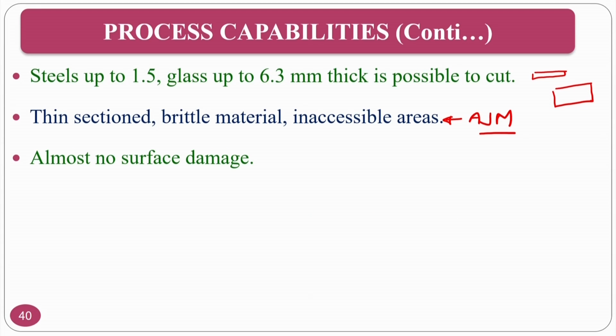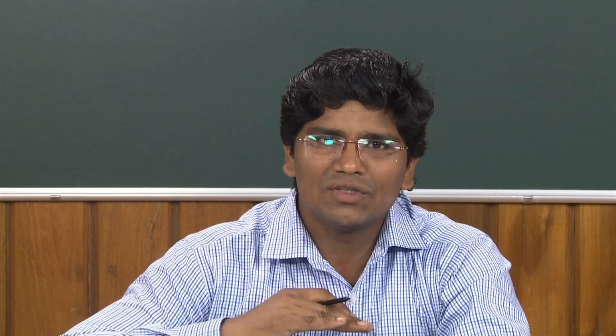Almost no surface damage, because there is a gap between abrasive particles. At the same time, heat generation in this process is normally low because you have air, which acts as a lubricant or coolant in abrasive jet machining, and there is no surface or subsurface damage.